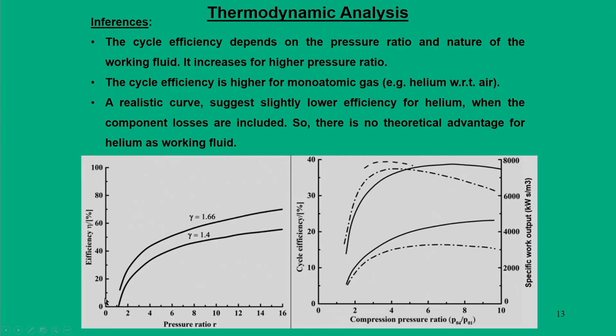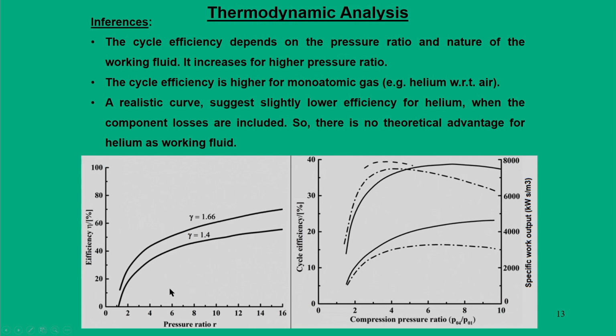What we can see here is that efficiencies can be plotted for various pressure ratios, one for gamma equal to 1.4 and gamma equal to 1.66, that is for a monoatomic gas. So, that means if you use helium instead of air, the cycle efficiency will go up. Any value of gamma below 1.4, the efficiency will reduce.